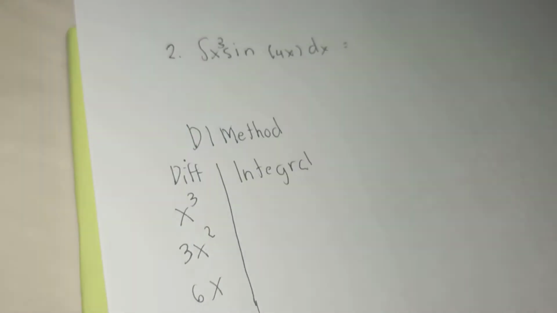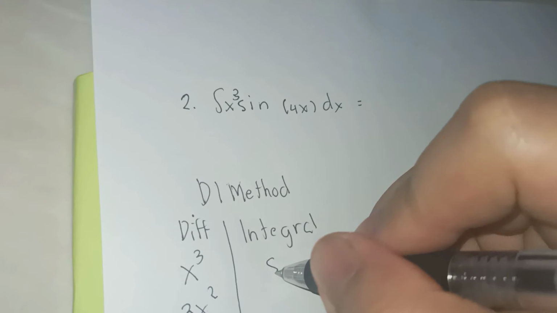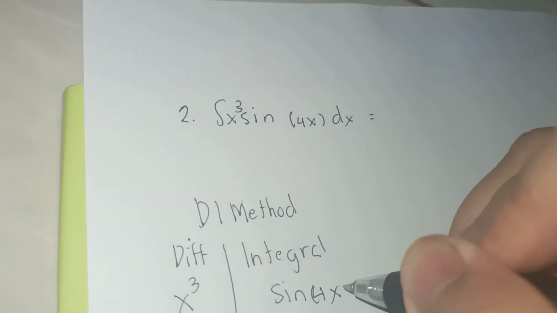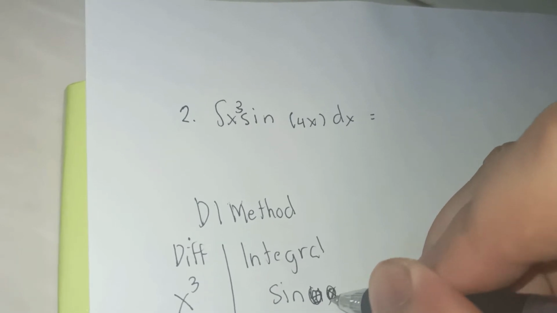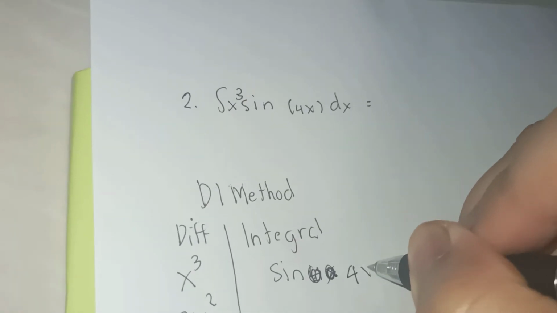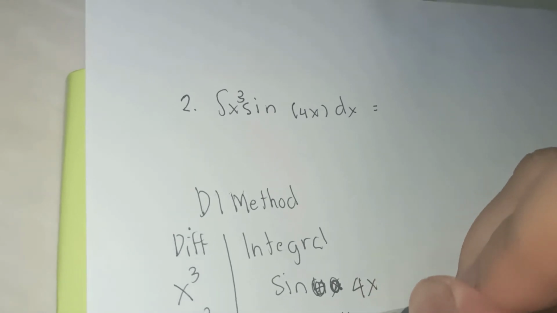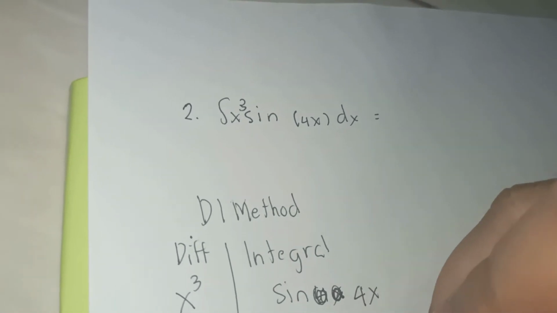After that, sine 4x integrates to negative cosine 4x divided by 4.